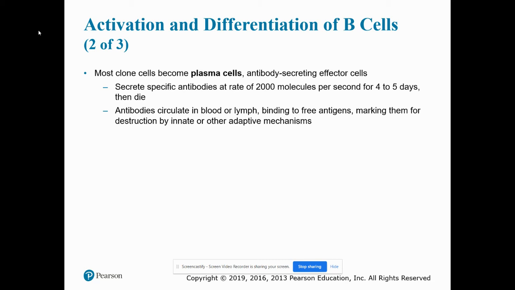They're going to secrete a specific antibody or specific antibodies at a rate of about 2,000 or so molecules per second. This is going to last for 4 to 5 days, and then the plasma cells will die. The antibodies will circulate around in the blood or the lymph, and whenever they encounter a free antigen, they will bind to it, and this is going to mark it for destruction by either innate or other adaptive mechanisms.